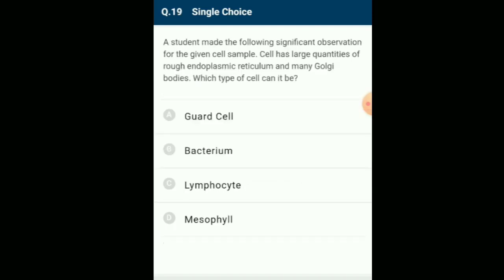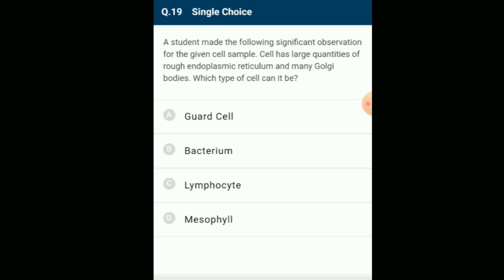Next question, question number 19. A student made the following significant observation for the given cell sample. Cell has large quantities of rough endoplasmic reticulum and many Golgi bodies. Which type of cell can it be? Bacterium is a prokaryote, thus having an organelle like rough endoplasmic reticulum and Golgi body is out of question. Presence of high amount of rough endoplasmic reticulum and Golgi bodies indicates high production of proteins.